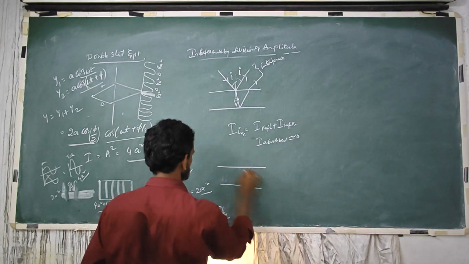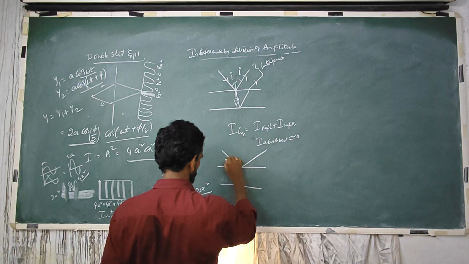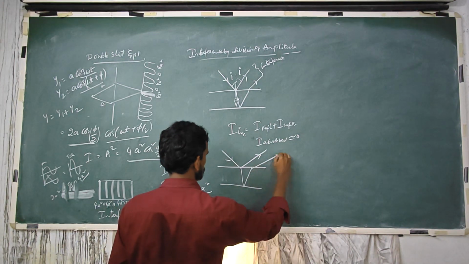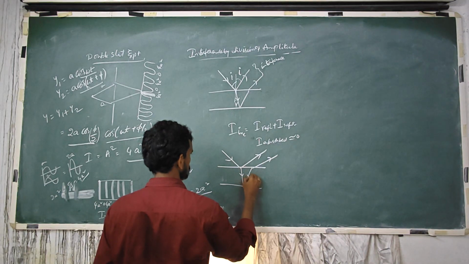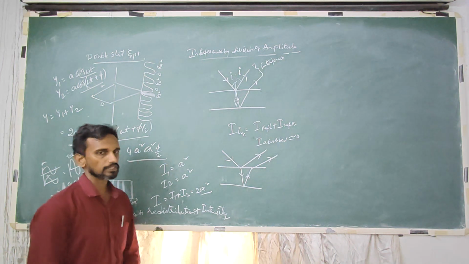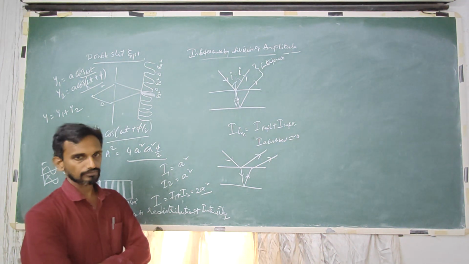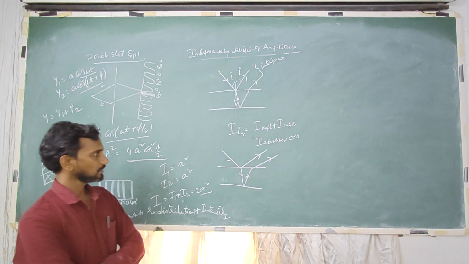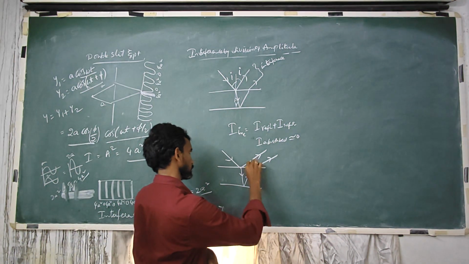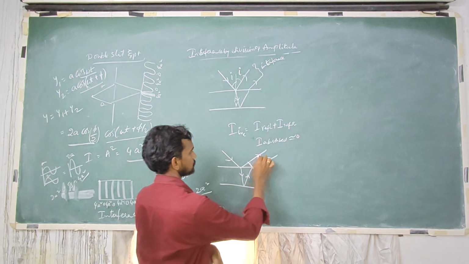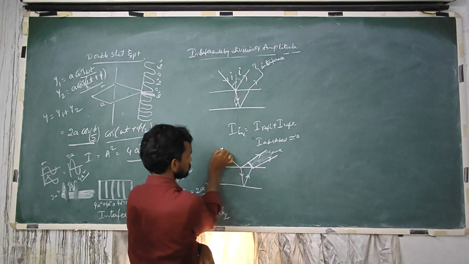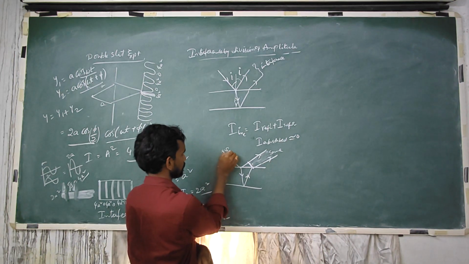So there is an incident ray, and there is a ray that is refracted and then reaches the other end. Now the path difference between these two is what? From this point onwards these two are the same, up to this point these two are the same.